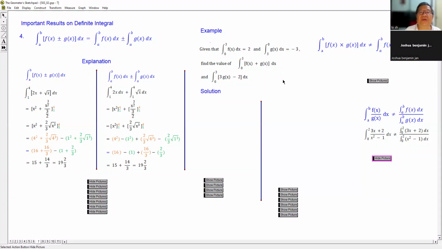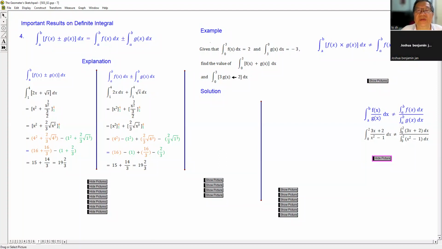Okay, this is the first question. The second question is, they ask you to find the definite integral from 0 to 3 of this function here, 3g(x) minus 2 dx. Okay, this is the question.